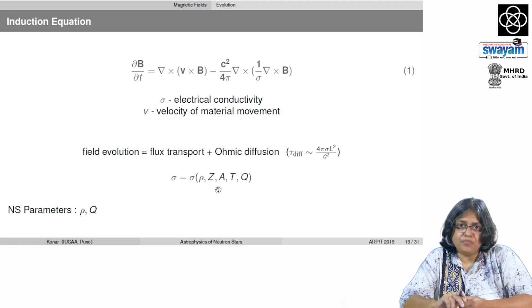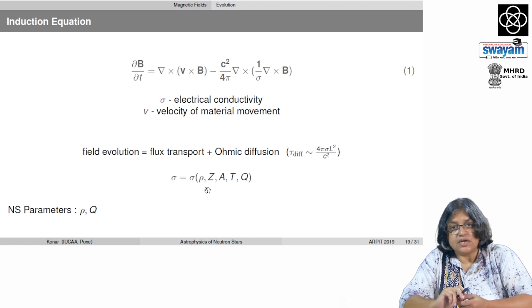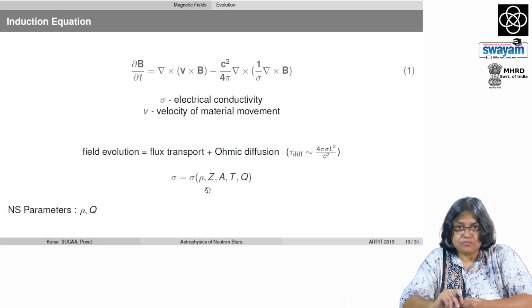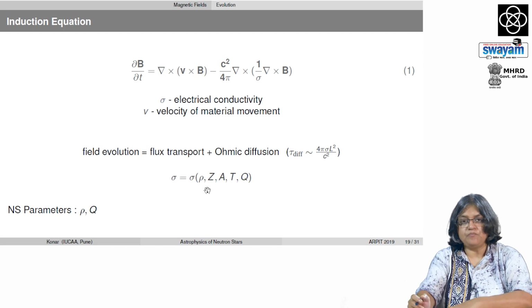The time scale of this ohmic dissipation is given by a quantity which is proportional to the electrical conductivity and proportional to the square of the length scale over which the currents supporting the magnetic field are spread. So, that determines the time scale of the magnetic field.